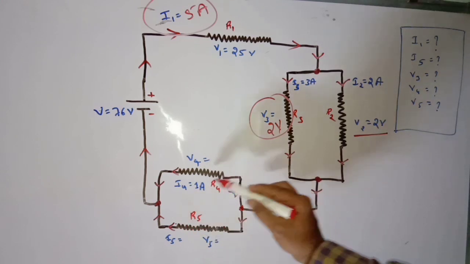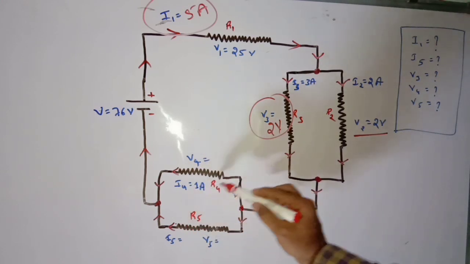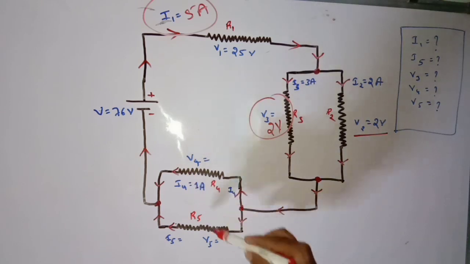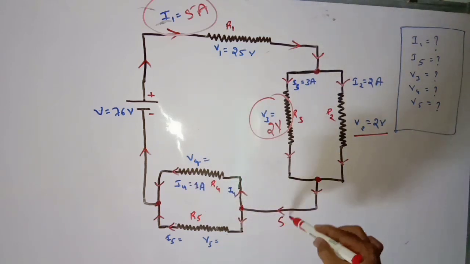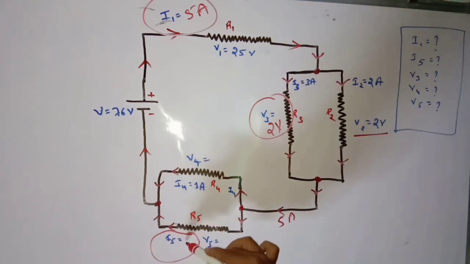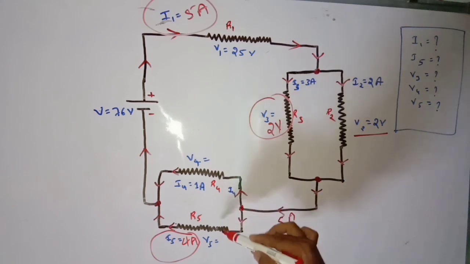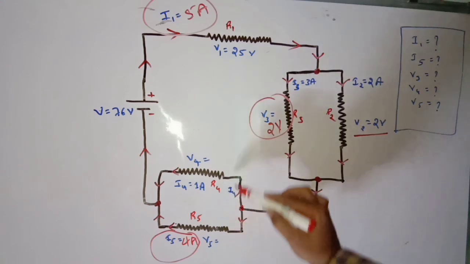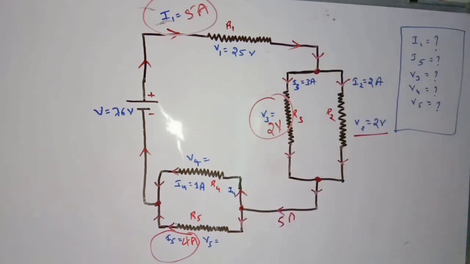Now current I4 is equal to 1 ampere passing through the resistor R4, and 5 amperes is splitting into these two groups, so I5 must be 4 amperes. And these two are in parallel connection, so the voltage across the two ends of the resistors must be similar to each other.